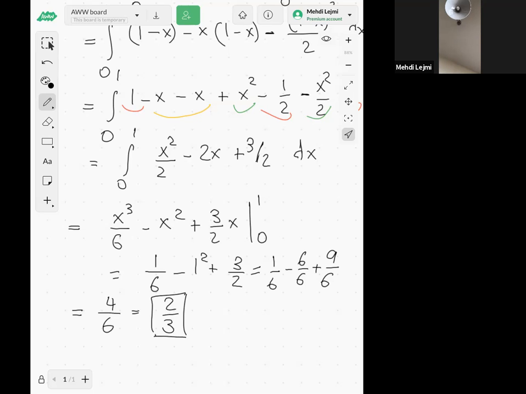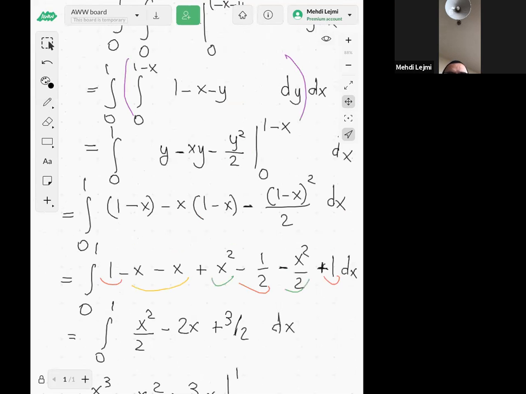As expected, at least I have a positive answer. That's good. So the answer, I think, is 2/3, and that will be the volume of our tetrahedron. Any questions, guys, about this example?